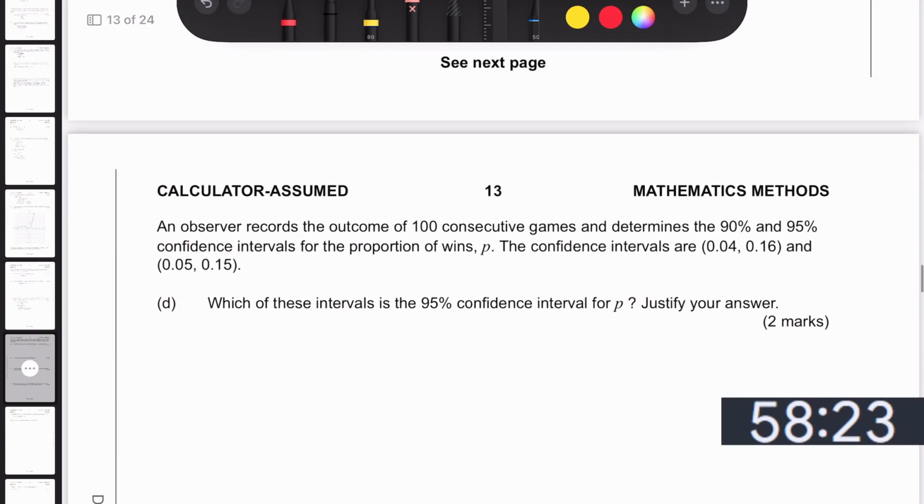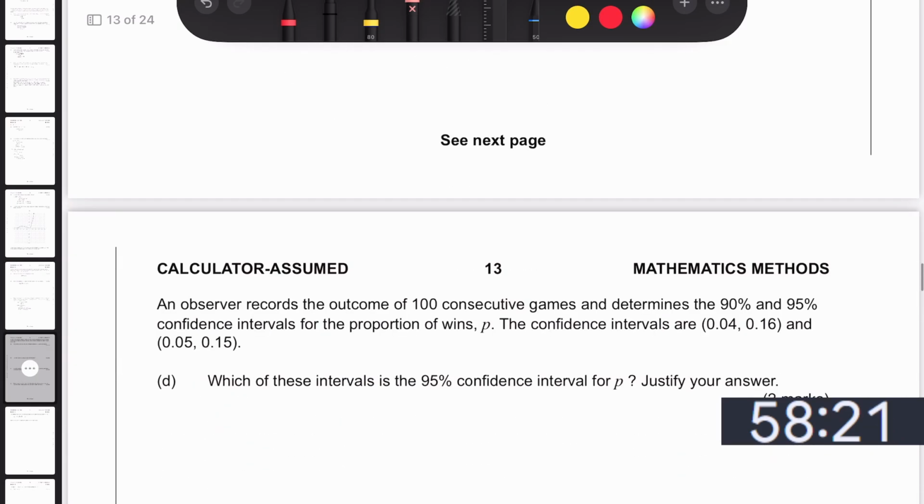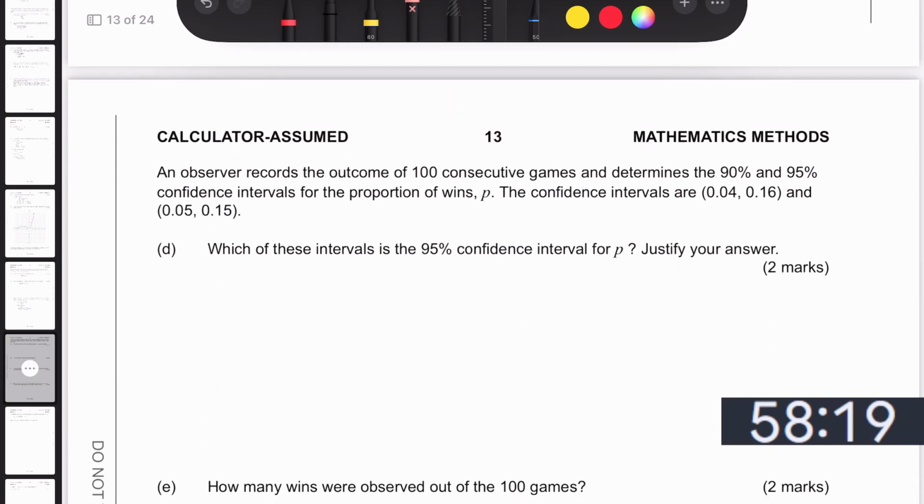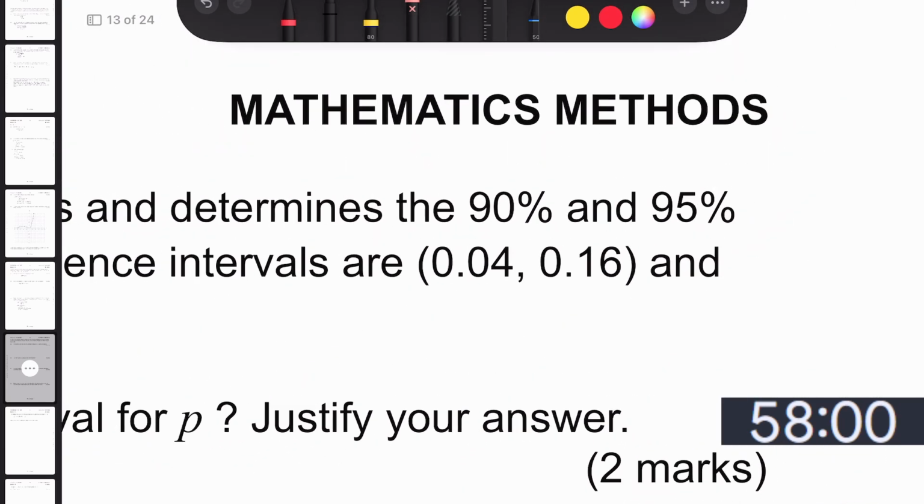Okay, an observer records the outcomes of 100 consecutive games and determines the 90 and 95% confidence intervals for the proportion. Which of these intervals is the 95%? So we want the one with the larger margin of error.